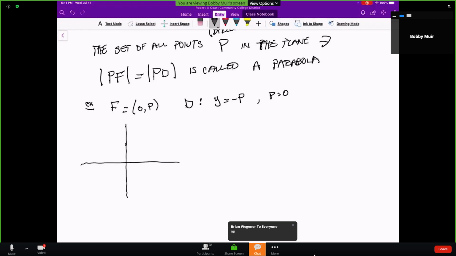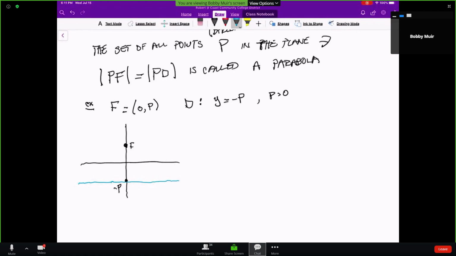And here's the point F. And this is the negative p value, and this is that line. Okay. All right.